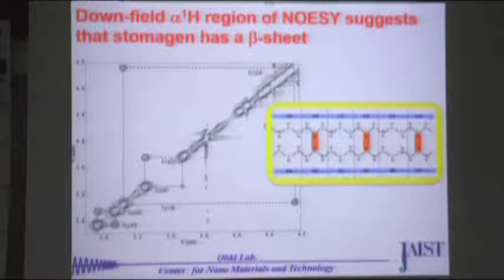So NMR data indicate these two protons are close. Similar to this, we see nice cross peaks between 22 and 41 here and here, and 20 and 43 here and here. So by using such distance information, we calculated the three-dimensional structure of stomagen.